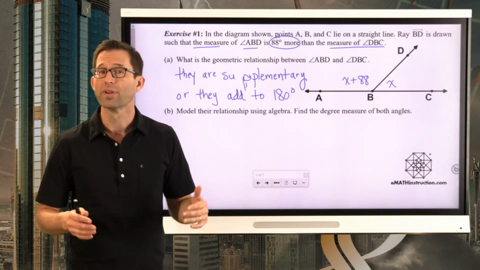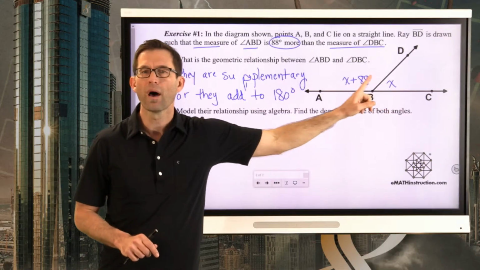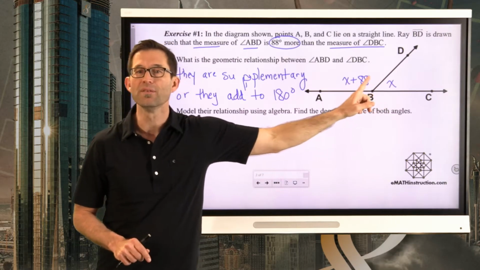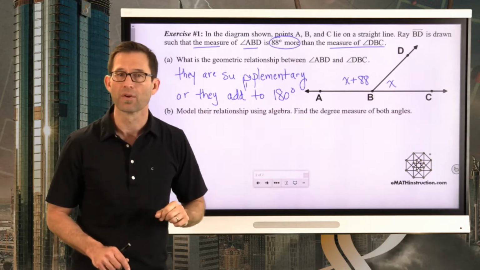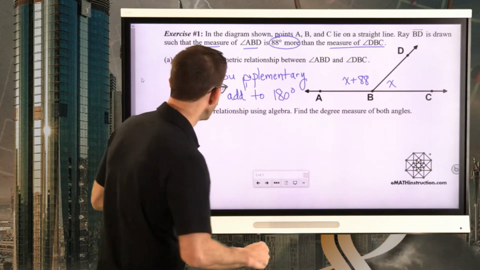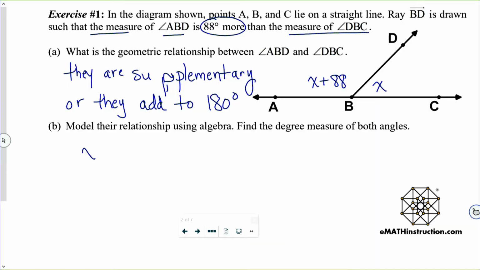So far we haven't done much except model the relative values of these two angles. Now we want to use the fact that they add up to 180 degrees. So what are we going to do? We're going to say if I take one of those angles and add it to the measure of the other angle, that has to be 180.